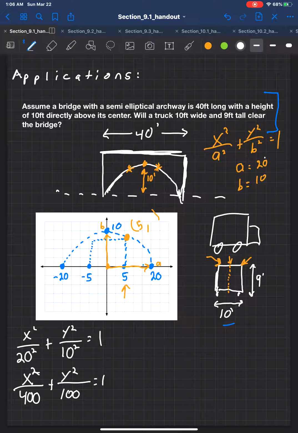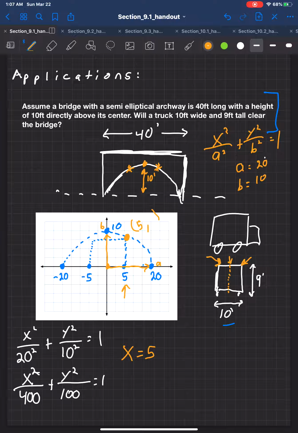And now, are you ready for it? So here's what's going to happen. I know that x is equal to 5. What I don't know is what y is equal to. So I'm going to solve this equation for y, and then I'm going to plug 5 in for x.